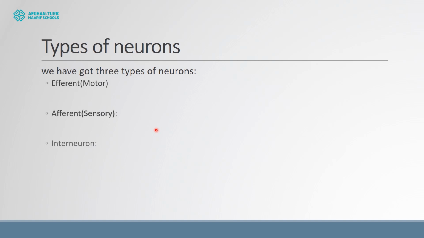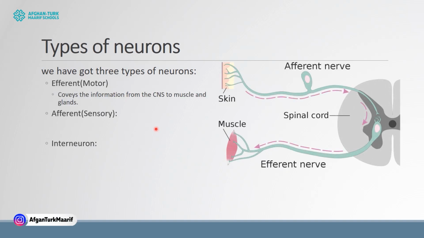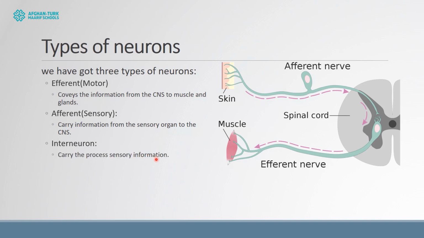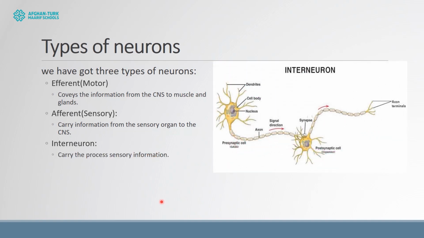We have three types of neurons. The first one is efferent. These are neurons which carry the message from the CNS to every muscle and every gland in order to convey orders. Afferent neurons are the other type of neurons inside our nervous system, and their function is to carry information from the sensory organs to the nervous system or the CNS.